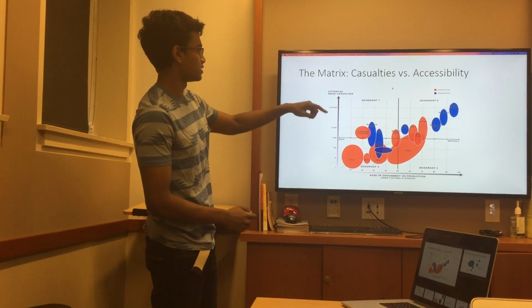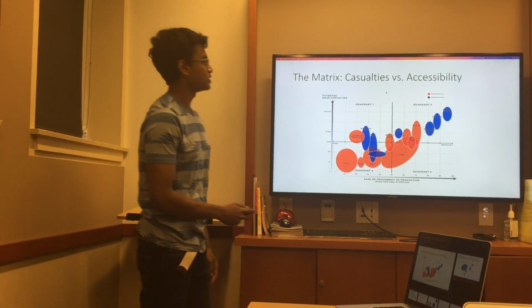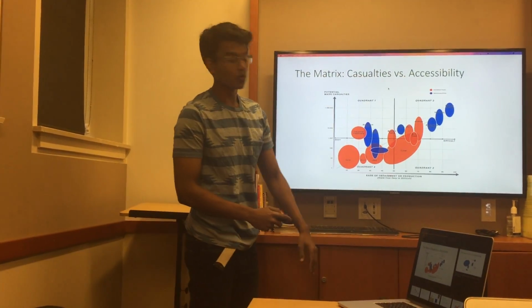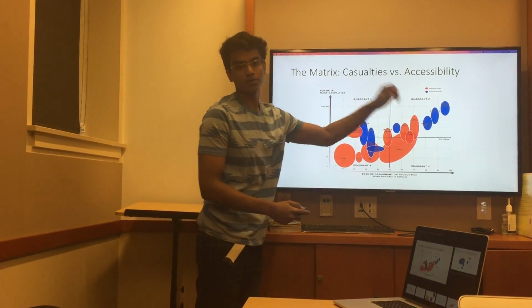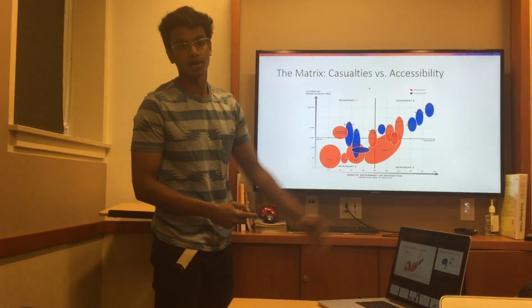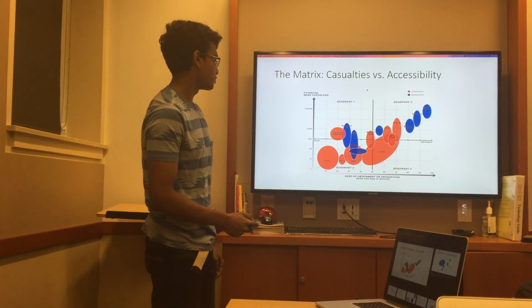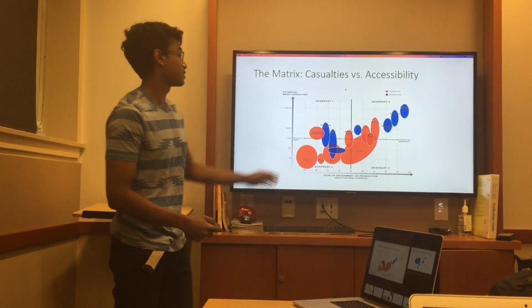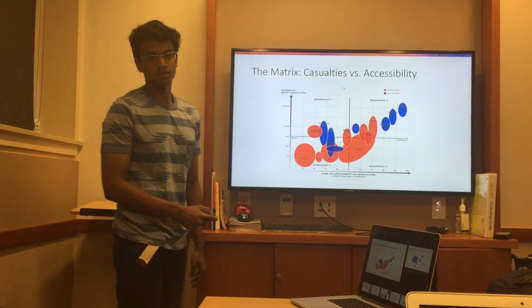Quadrant 2, it's harder to obtain, but the mass casualties are pretty high. So if we see, for instance, nuclear warfare, it's in the top right corner, which means that it's the hardest to obtain, but also it will provide the highest mass casualties. So it'll be the most devastating. Similarly, guns are easiest to obtain, but their mass casualties in comparison to the rest of these events are much less.